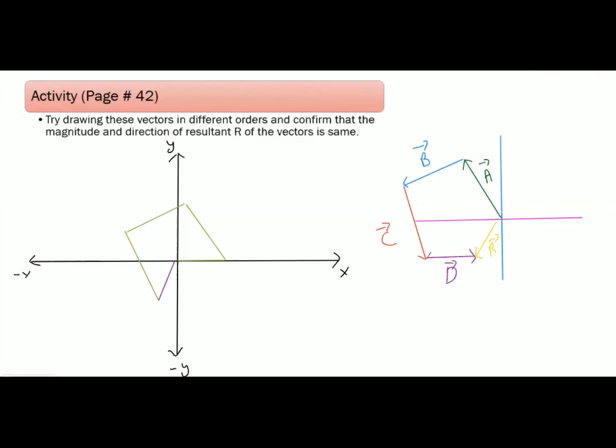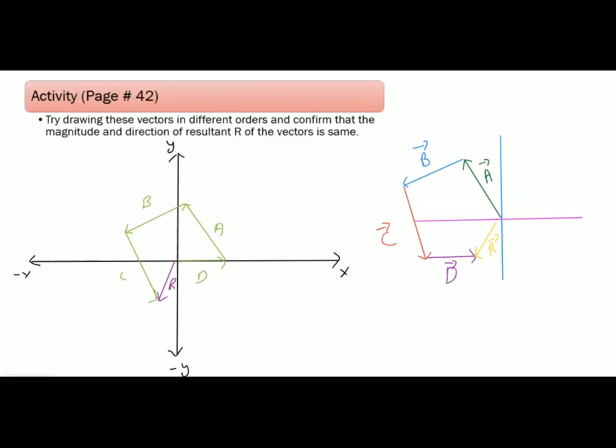So whether you draw A, B, C, D or D, A, B, C, for both methods we are getting the same resultant in the same direction and the same magnitude.